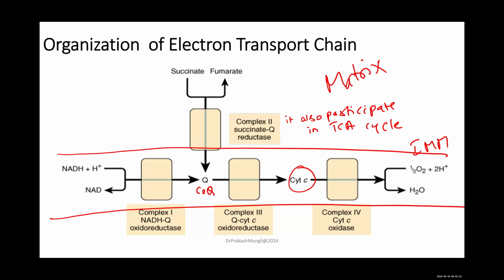And this is also a mobile complex. So there are 2 mobile complexes and 4 fixed complexes in the electron transport chain. That's how it is organized. Okay, 2 mobile and 4 fixed. All right. So this is how anatomically your electron transport chain is organized.